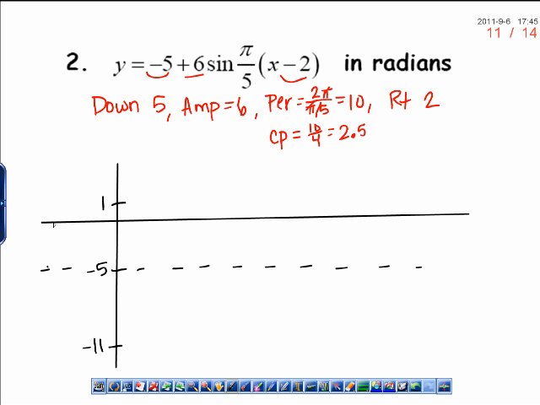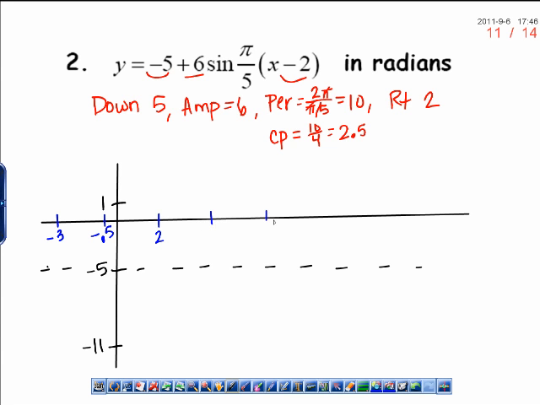Alright, now we need to plot our horizontal tick marks. Since I'm moving to the right 2, that's the one I need to plot first. All the other tick marks are going to be 2.5 apart. So if I subtract 2.5, I get right here at -0.5. If I subtract 2.5 again, I'm at -3. You don't have to go to the left again, but I had room, so I thought I might do that.